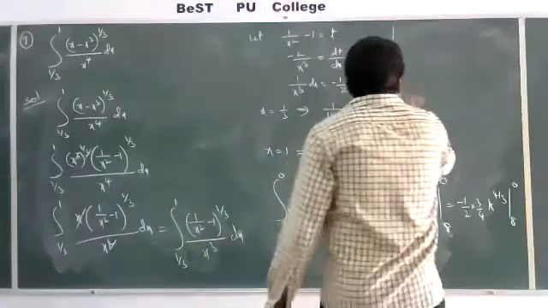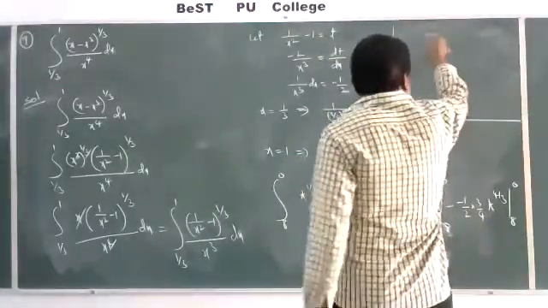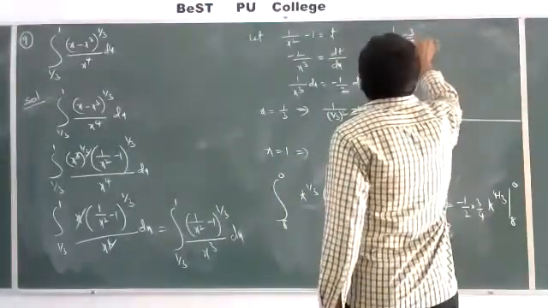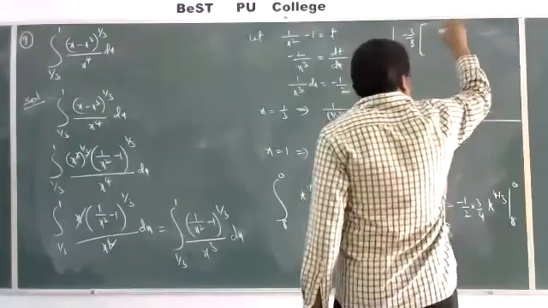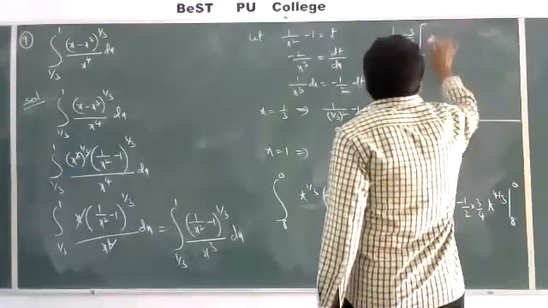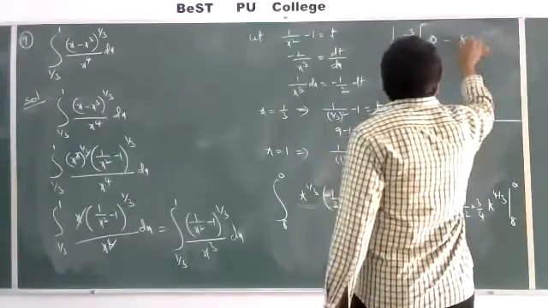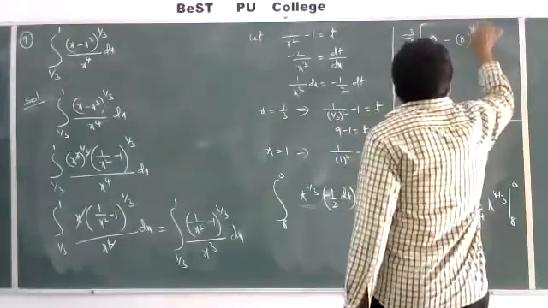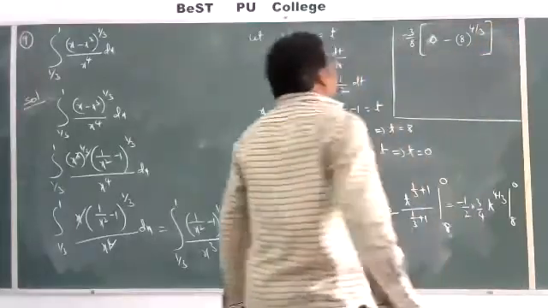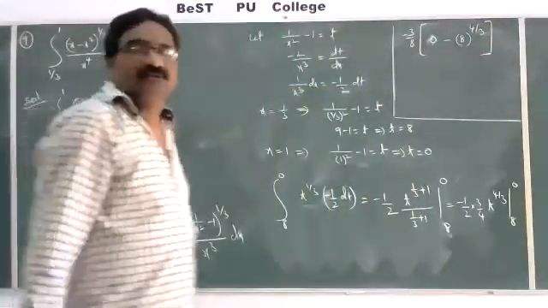So what is the constant here? Minus 3/8. Substitute the upper limit 0, minus the lower limit 8^(4/3).